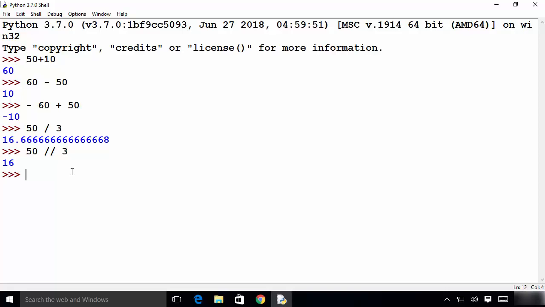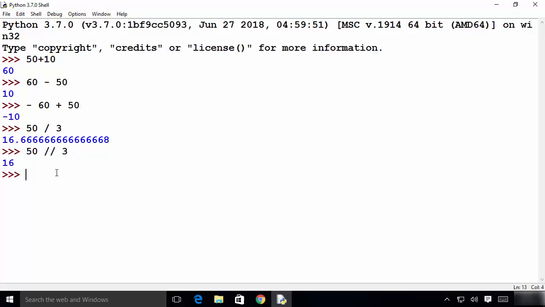This type of division is also called floor division, in which you get the whole number as the answer and the decimal value is truncated. If you want the exact value of the division in decimal values, use the single / operator. If you want to do the floor division, use these two / symbols.